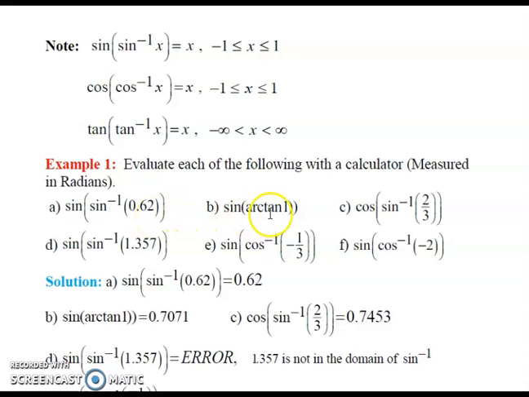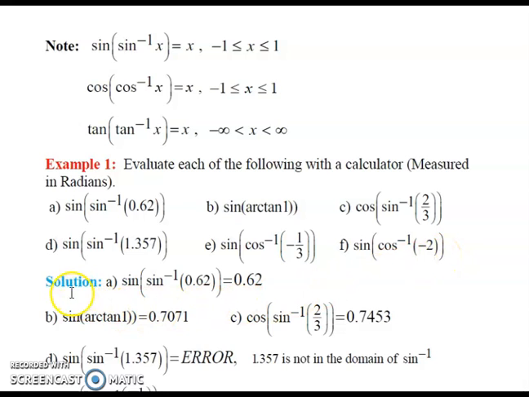Sine of arctan 1. Cosine of sine inverse of 2/3. Sine inverse of 1.357. Sine of cosine inverse of -1/3. Sine of cosine inverse of -2.